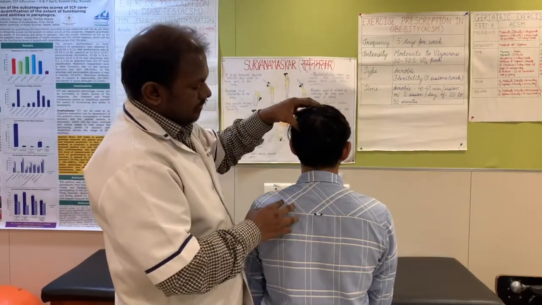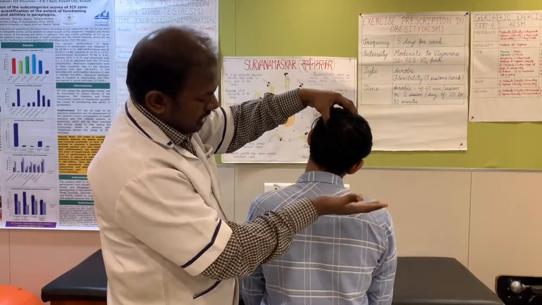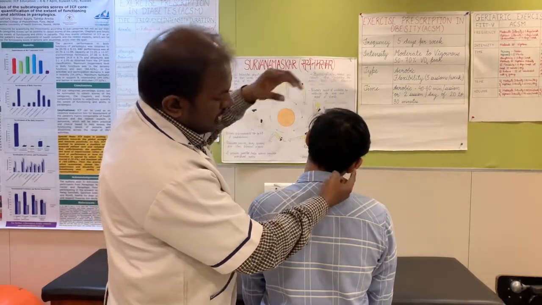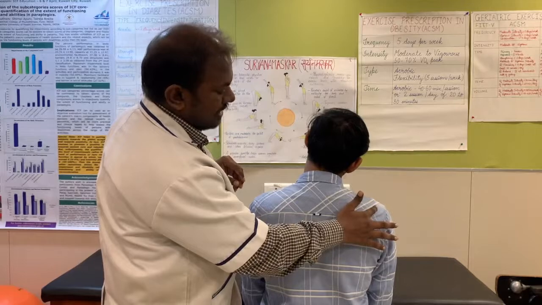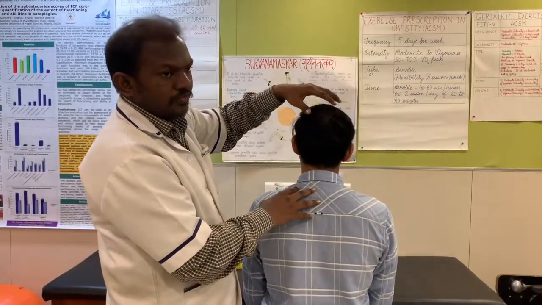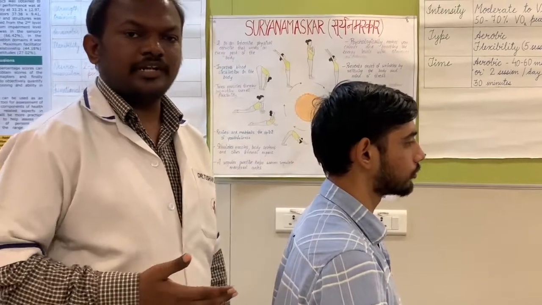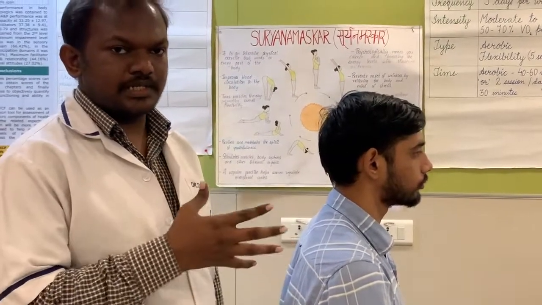And if the neck is laterally flexed towards the other side, your ear touching the right shoulder is cervical lateral flexion of the right side. Now we have seen how the normal range of motion is present in the cervical spine.